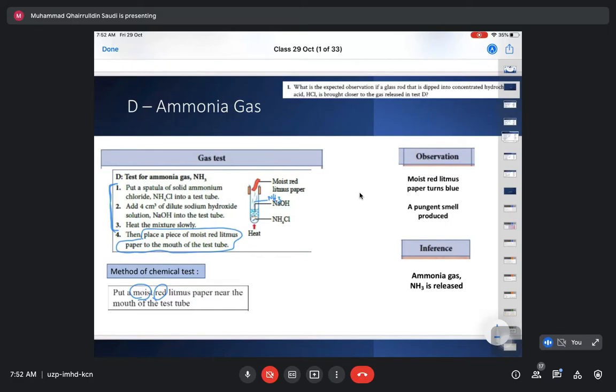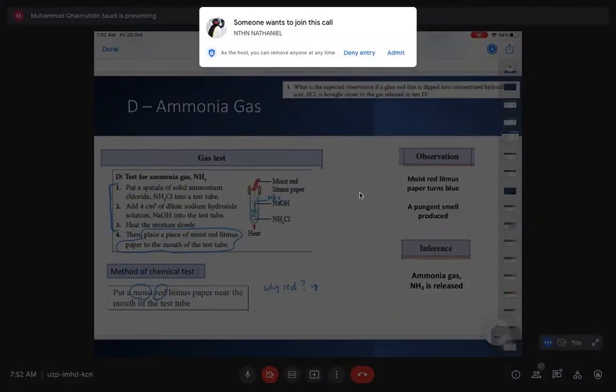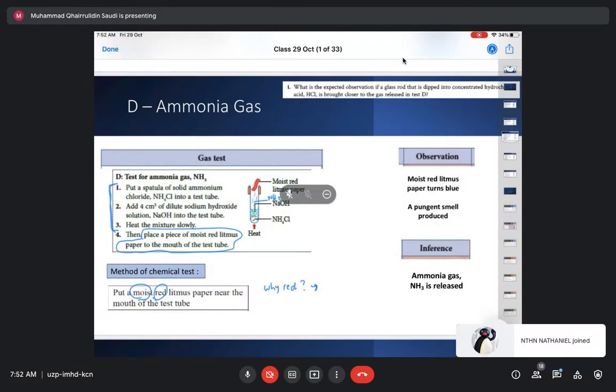Why do we use red litmus paper? Who knows? Why red? Because ammonia is alkali. Yes, good. Because ammonia is alkali. Good. Okay, next one.